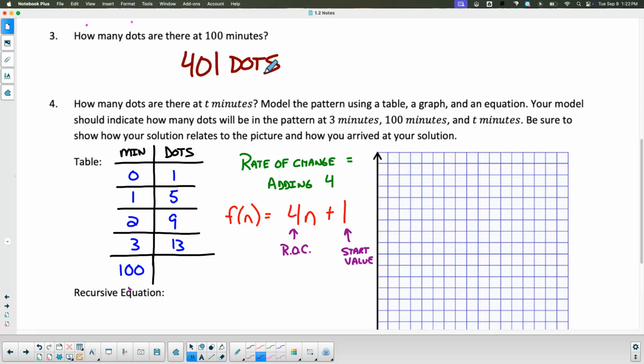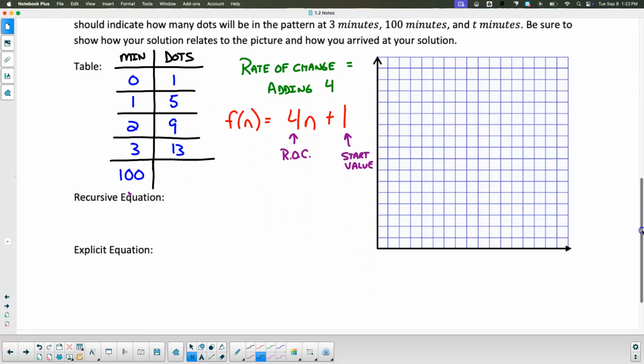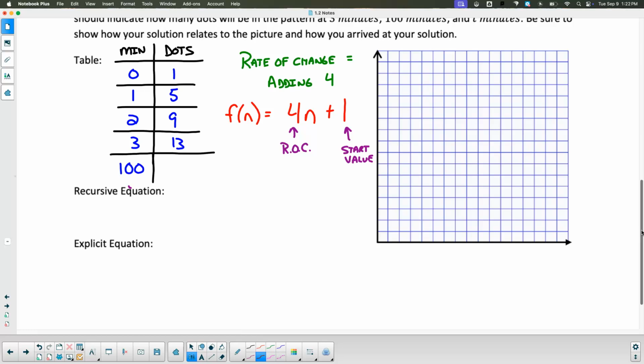What we found there is something called the explicit equation. The explicit equation is the equation used to find any term in your sequence.